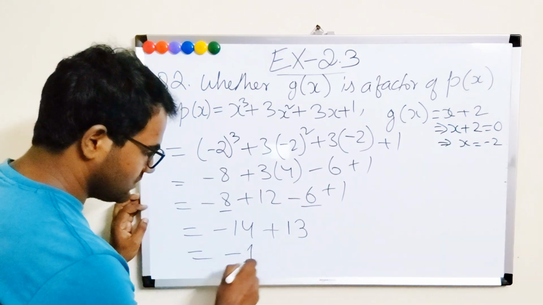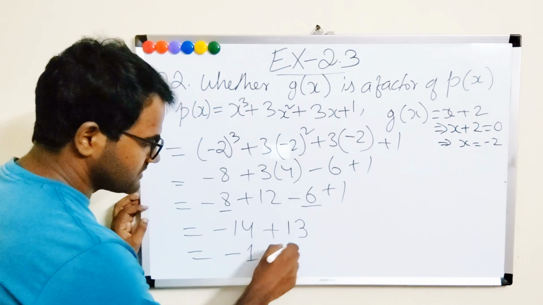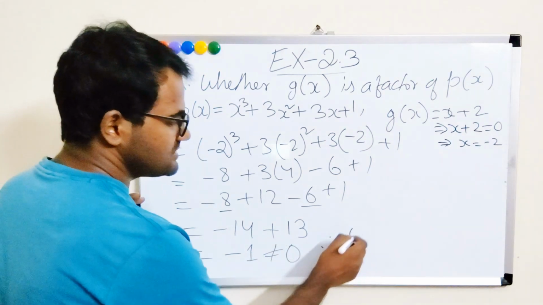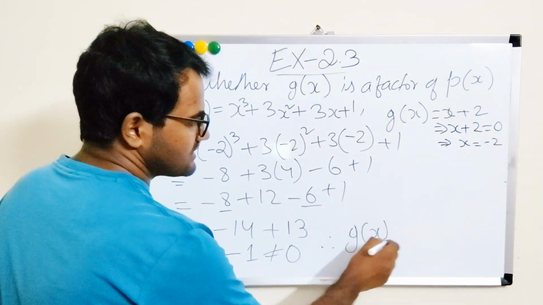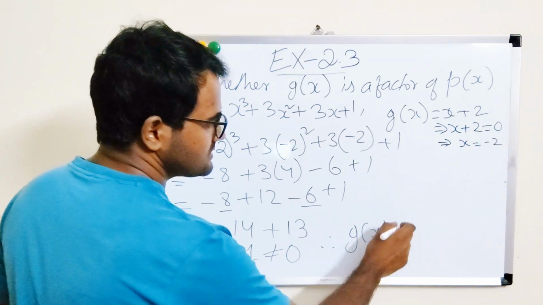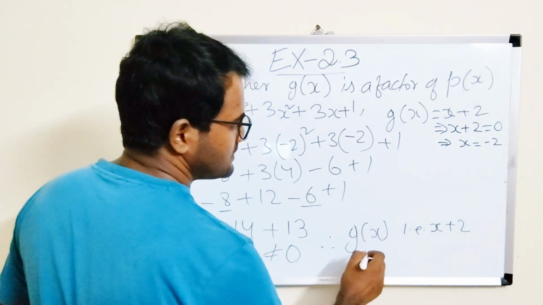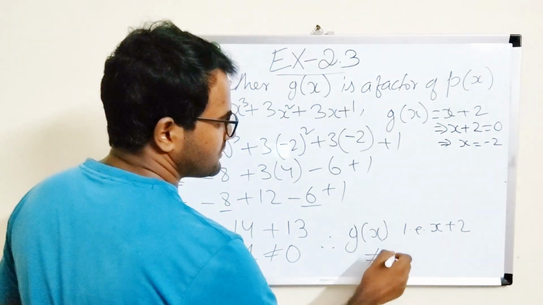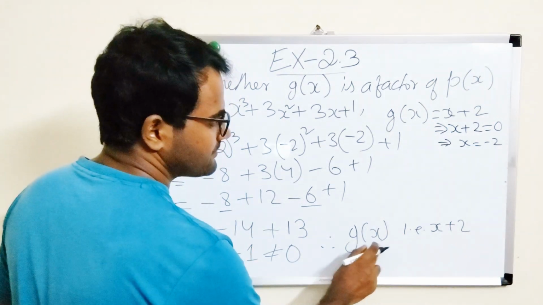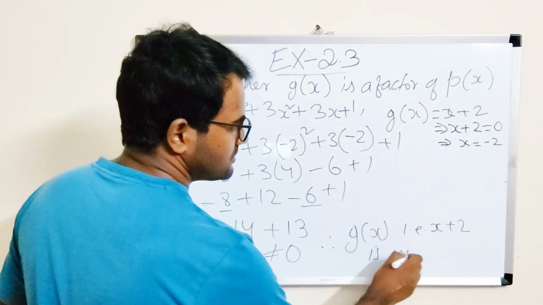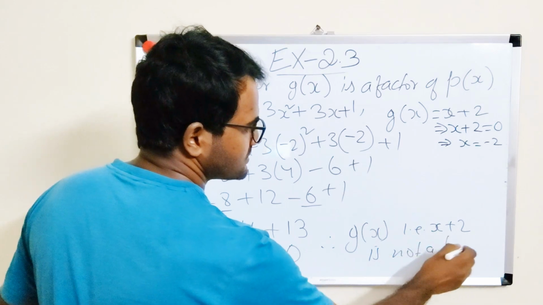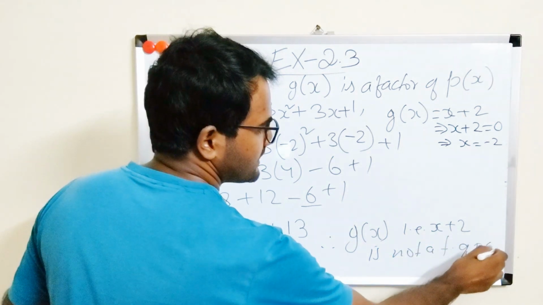So we get here minus 1, which is not equal to 0. So therefore we can say g of x, that is x plus 2, is not a factor of p of x.